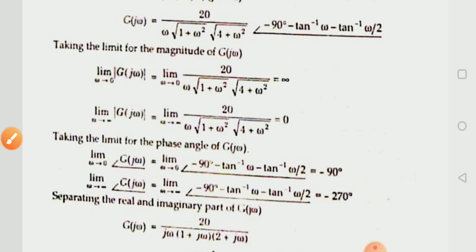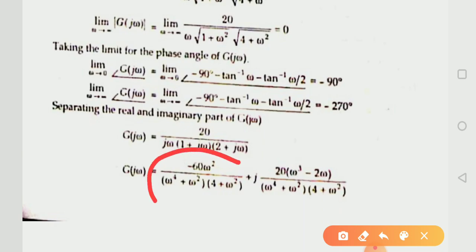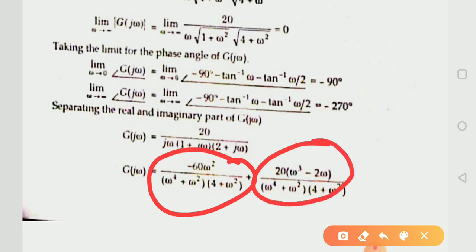Now we are separating real and imaginary parts. After that we can put the real part equal to 0, by which we can find the value of omega at which frequency it touches the imaginary axis. Okay, and when we put the imaginary part equal to 0, then we find the value of omega at which it touches the real axis.